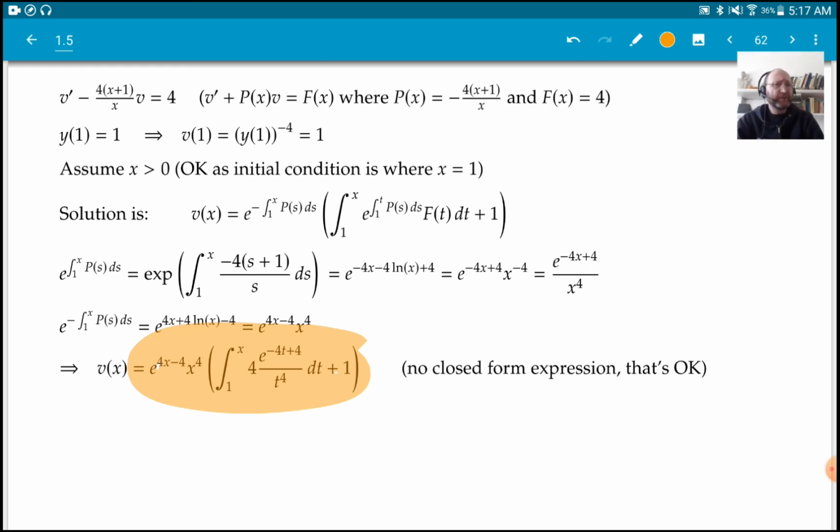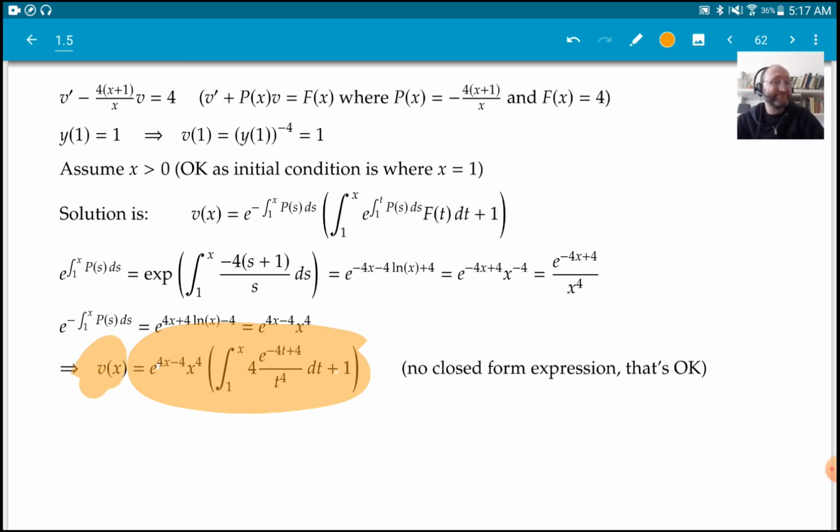The computer doesn't really have any trouble computing this for different values. So those are very nice solutions. All right, so that's our solution.